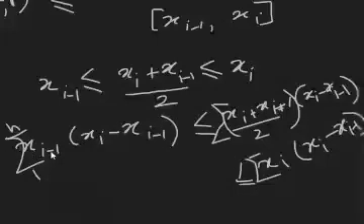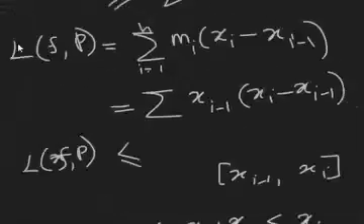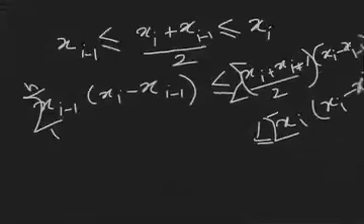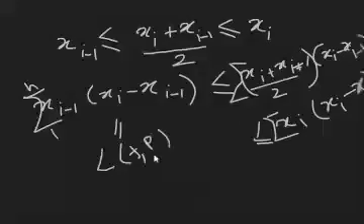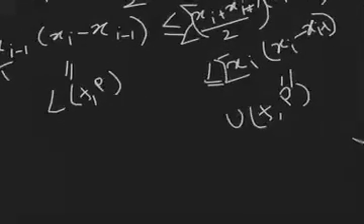The sum of x_{i-1} times the width of this subinterval is the definition of the lower sum of f corresponding to partition P, and the right side is exactly the upper sum of f corresponding to partition P.